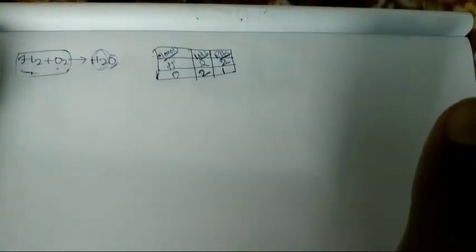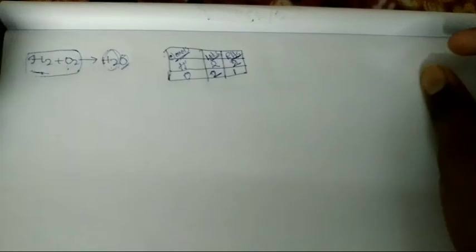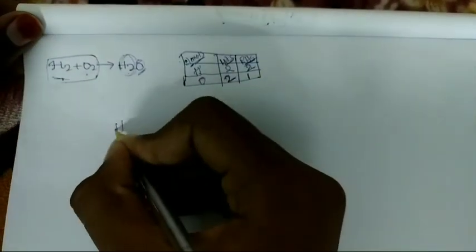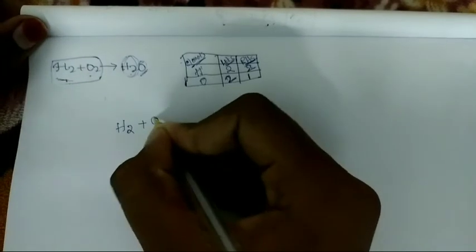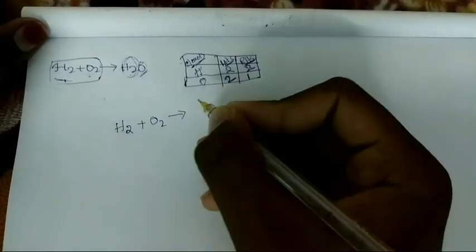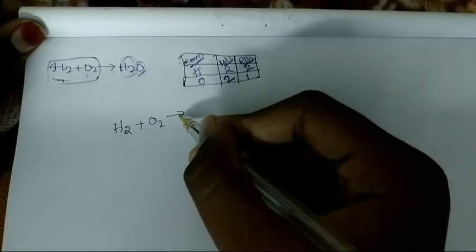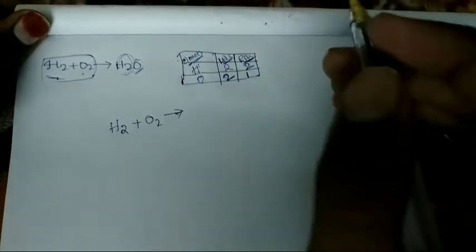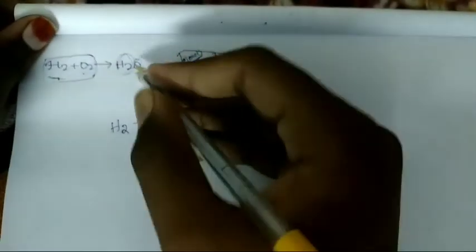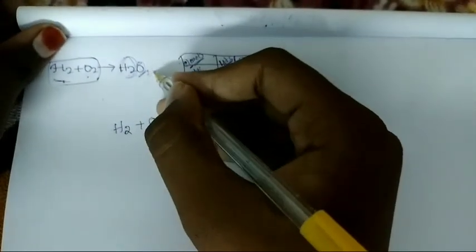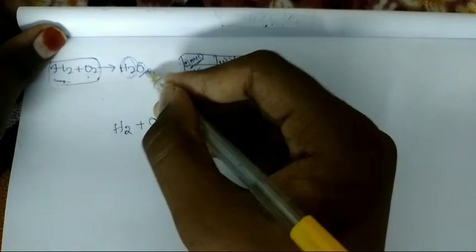Now let's think, what can we do? Let's write this equation again. H2 plus O2 gives rise to. Look here, while balancing an equation you should not change the subscript 2, you should not write downside 2.